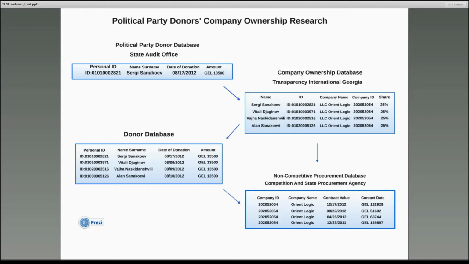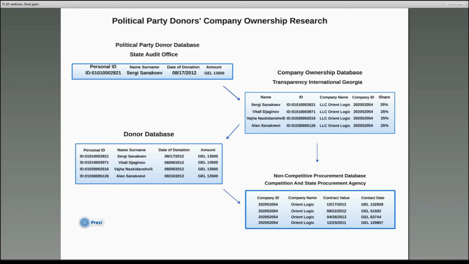Next, we took this information about these people and went back to the donor database. We were interested if any of those persons had actually donated to the party. And it turned out that each of those persons donated 30,500, the identical amount, on approximately the same date, give or take 3 or 4 days.